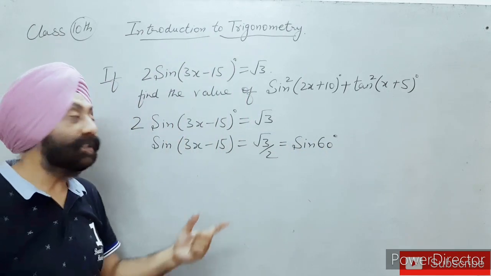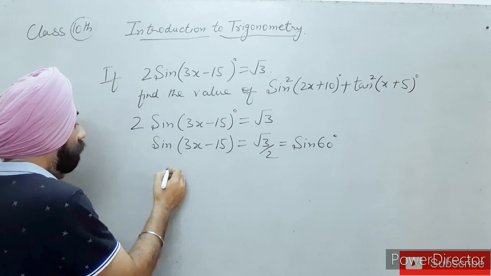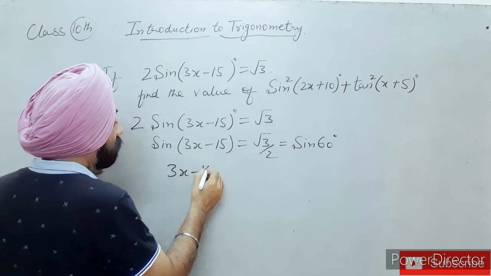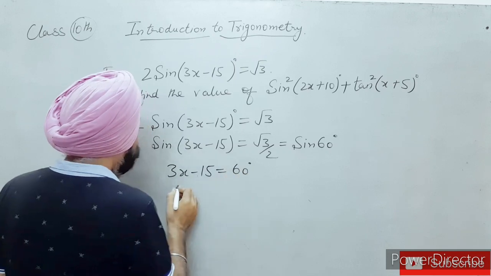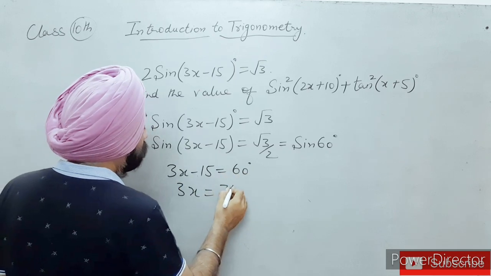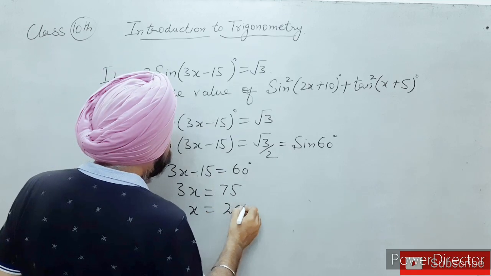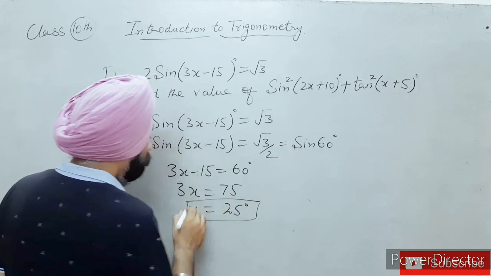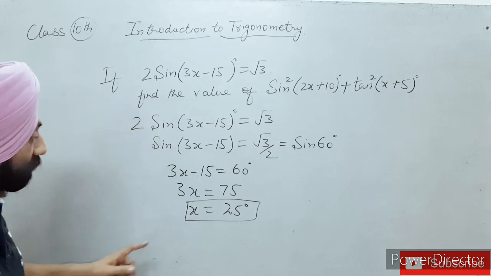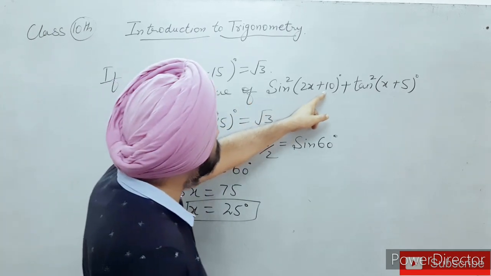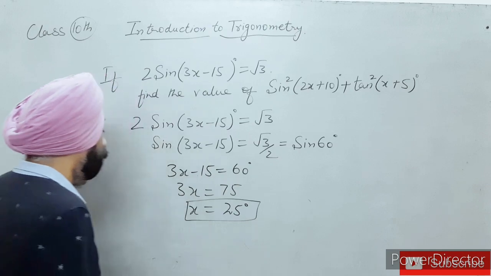Sine 60 we know is under root 3 by 2. Now that is 3x minus 15 equals 60. 3x equals 75. x equals 25 degrees. This is the value of x. Now I need the value of sine square plus tan square of x plus 5.